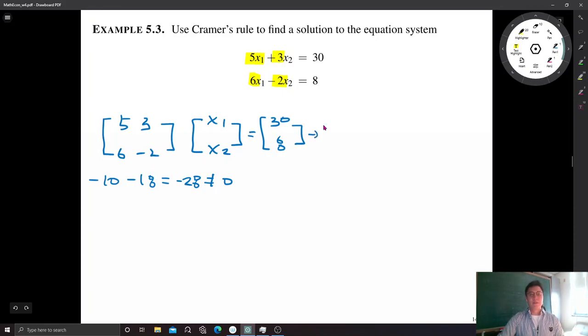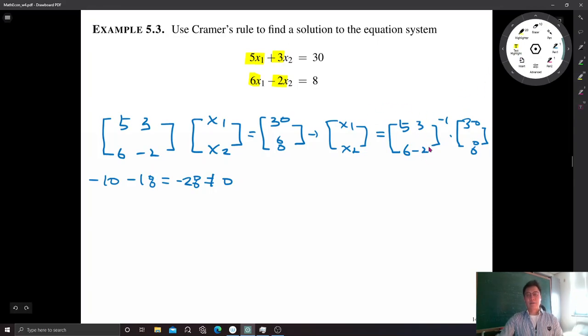So for x1 and x2, now we pre-multiply by the inverse matrix. On the right-hand side, we get 5, 3, 6, negative 2 inverse, and the parameter matrix 3 and 8.